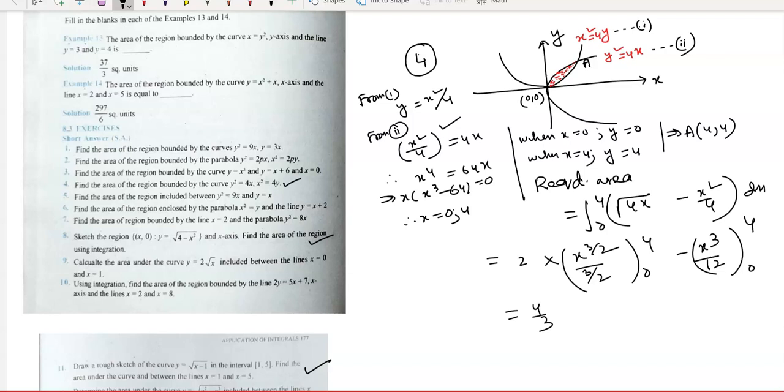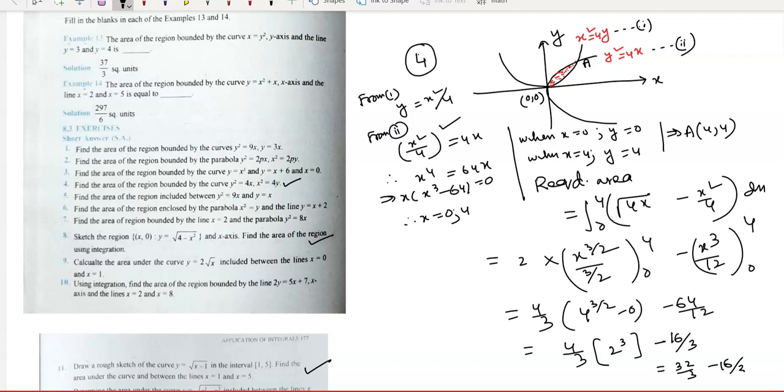So this is 4 by 3 minus 64 by 12. So it is 4 by 3, 2 cube minus, if you cancel by the factor 4, so it is 32 by 3 minus, and the answer is 16 by 3.